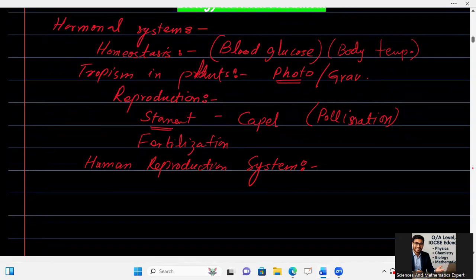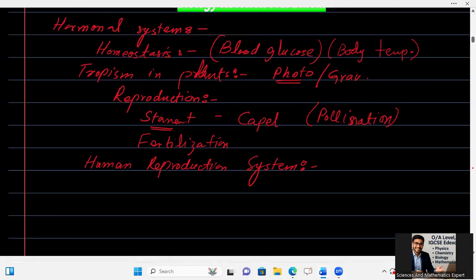There is a menstrual cycle of 28 days controlled by hormones: FSH, estrogen and LH. FSH matures the egg in the ovary and stimulates estrogen production, and estrogen repairs the uterus lining, inhibits FSH, and stimulates LH production. LH triggers ovulation, the release of the egg. So that was a little bit of human introduction.